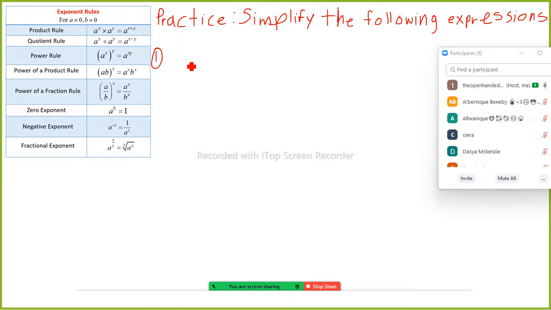So let's say, for example, we have 7 to the power of 3, in brackets, raised to the power of 2.